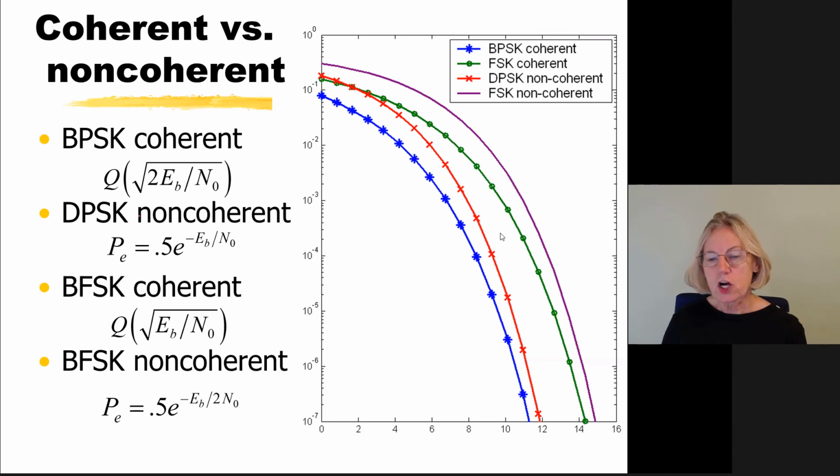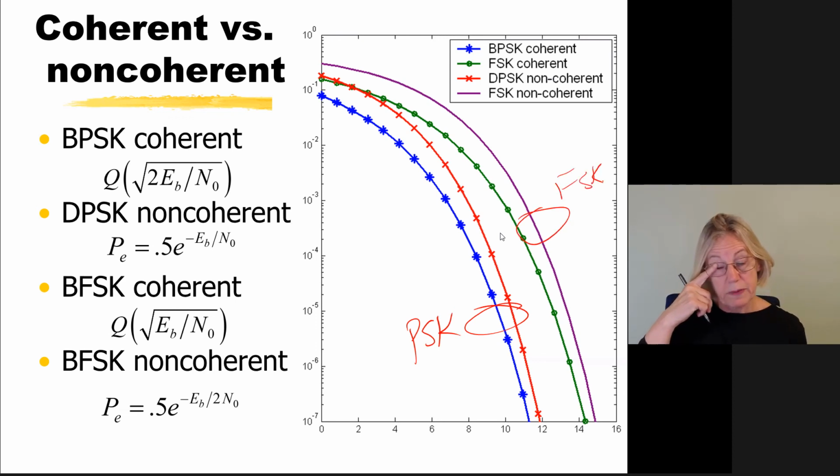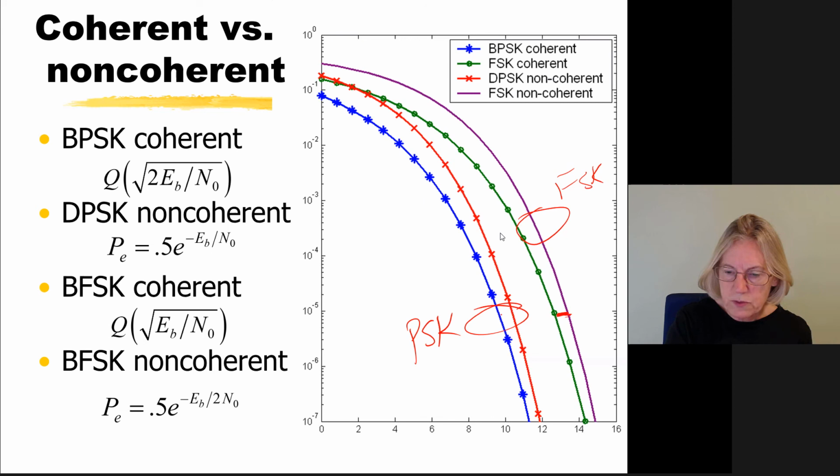So we could look at the bit error rate curves, so you get a feel for these, and we have here the PSK and here the FSK. And in the case of PSK, or either of them, you can see there's this 1 dB distance between the two curves.